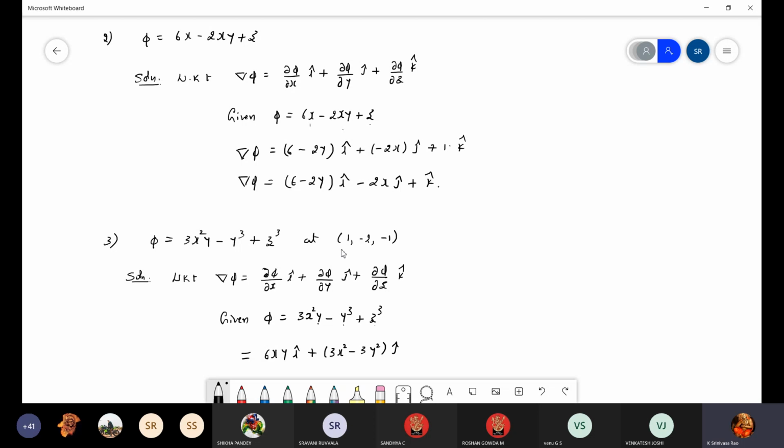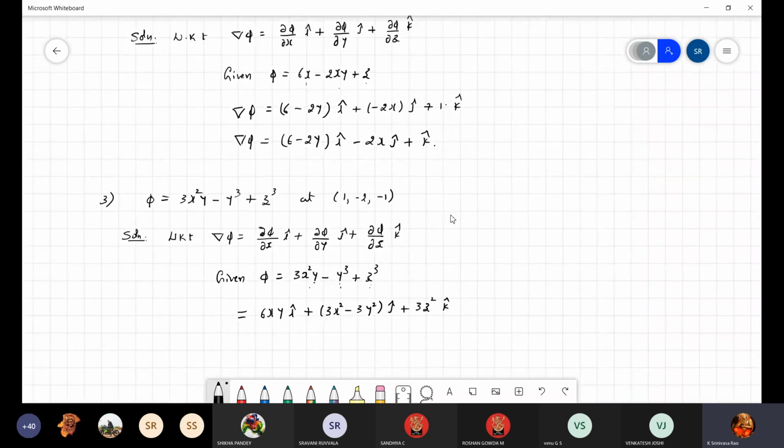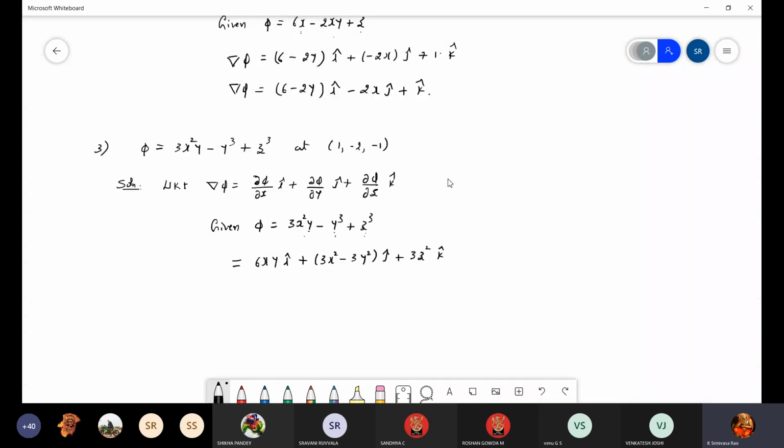Plus with respect to z: first term 0, second term 0, third term z cube differentiation is 3z square. You have to differentiate all terms, into k cap. No need to simplify again because directly we got the answer. So this is grad phi.